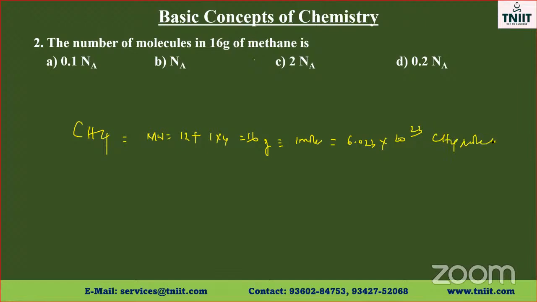You need not work this out. If you find the molecular mass, you understand it is 1 mole. This 6.023 into 10 power 23 is nothing but Avogadro's number. So the number of molecules in 16 grams of methane is Avogadro's number.